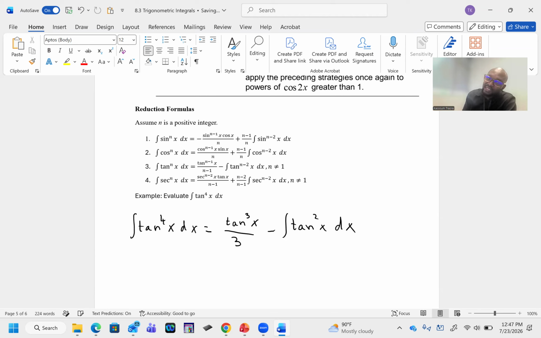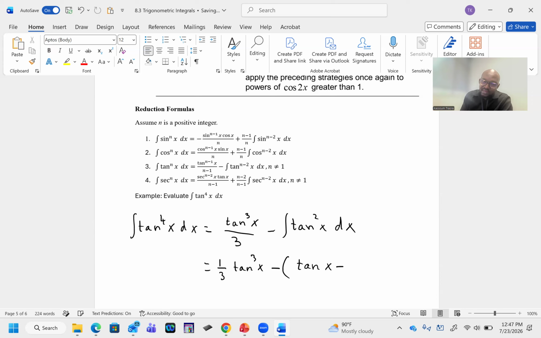So you see we still have tangent squared here. So I will use the same formula again. We already have 1/3 tangent to the power of 3 x minus. Now I will use a parenthesis so I distribute my negative. For tangent squared, my n is 2, so 2 minus 1 is 1. So it will be tangent x divided by 1, right?